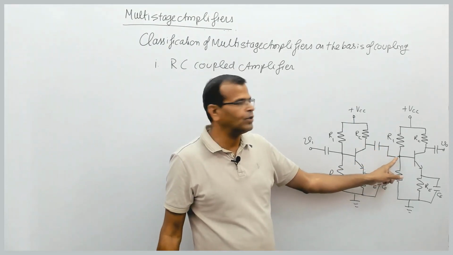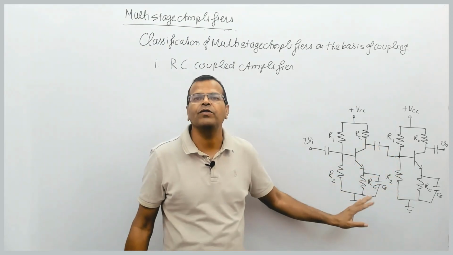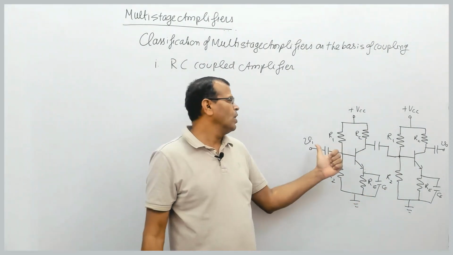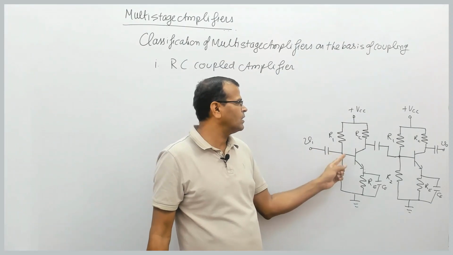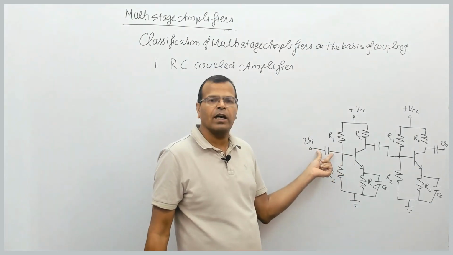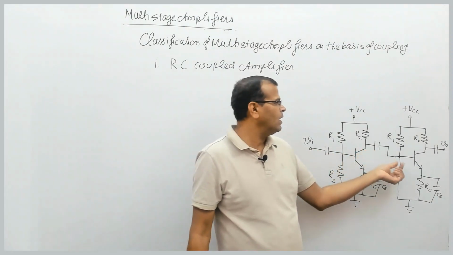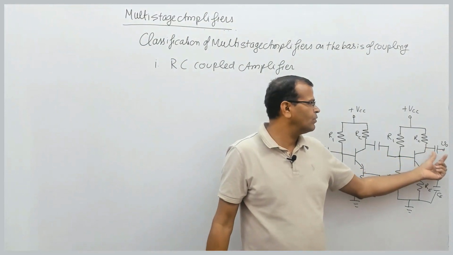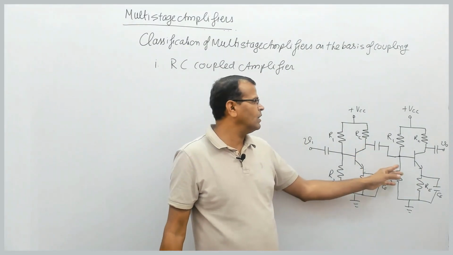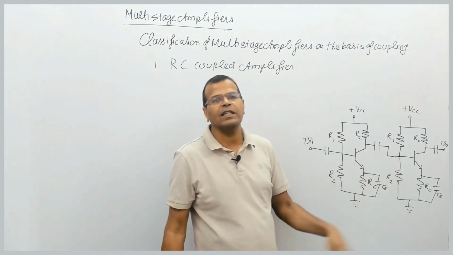Base is the input, collector is the output. The input base is coupled through a capacitor, the output is coupled through a capacitor, and of course these will have their resistances at input and output.